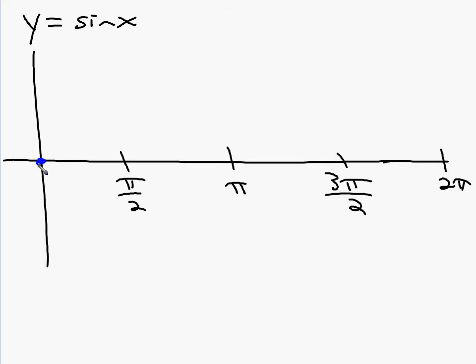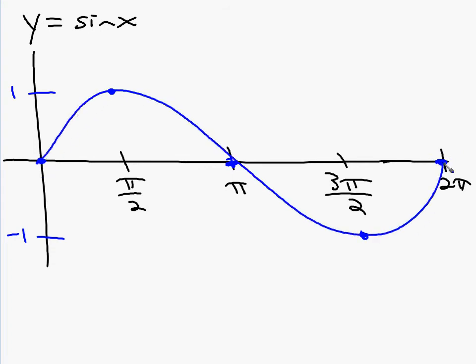What's the sine of pi halves? 1. The sine of pi is 0. The sine of 3 pi halves is back down to -1, and the sine of 2 pi is 0. And that right there, that is one period of the sine graph.